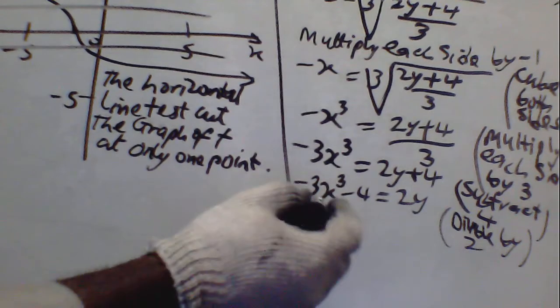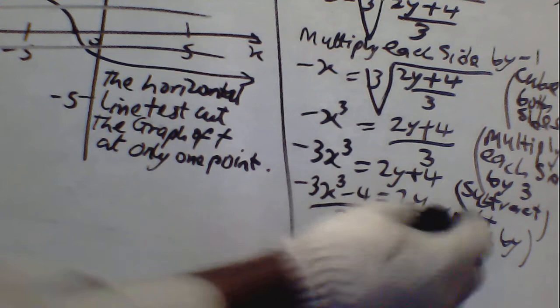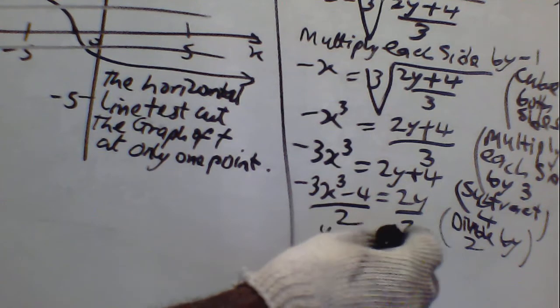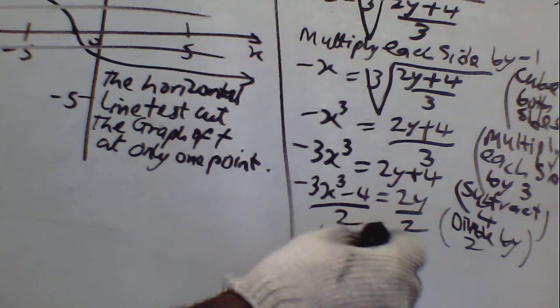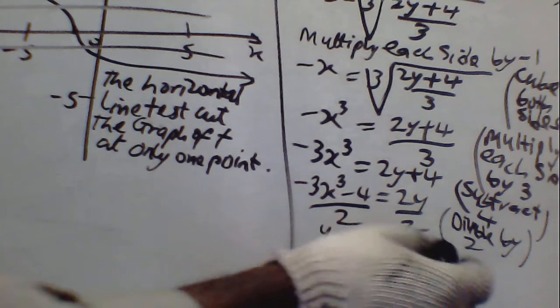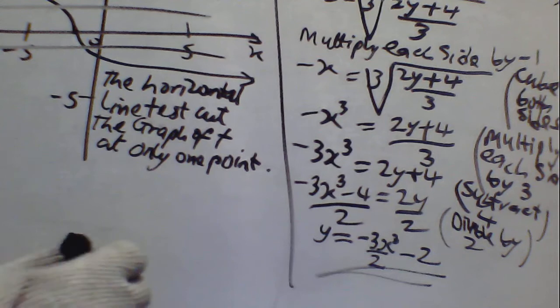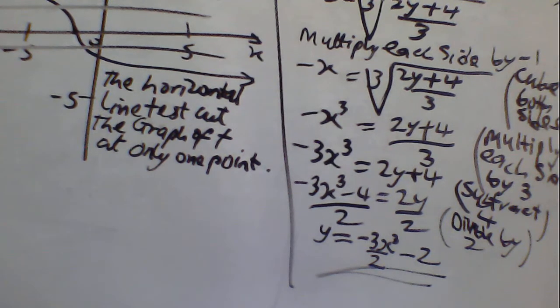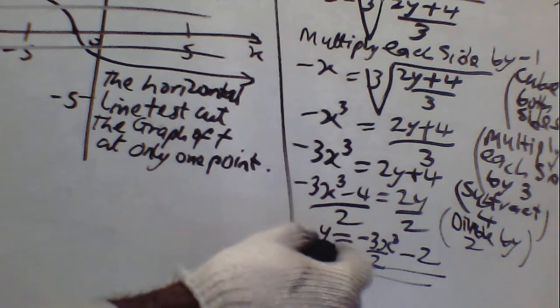If you divide each side by 2, this will give us y equals minus 3x raised to power 3 divided by 2, minus 4 divided by 2 which gives 2. So this is what you will have: y equals minus 3x raised to power 3 divided by 2 minus 2.